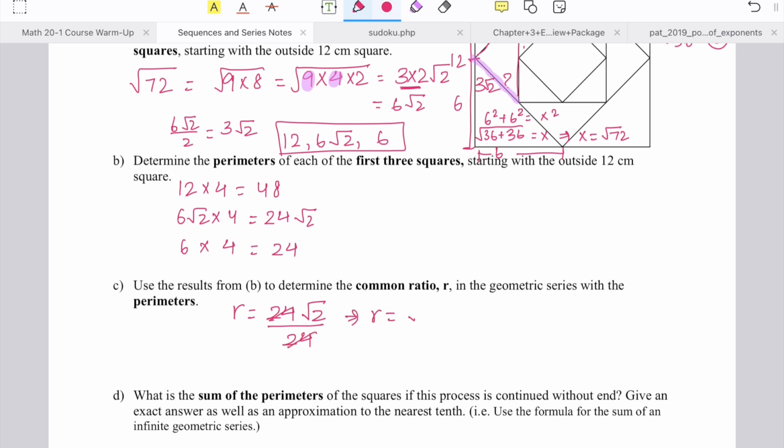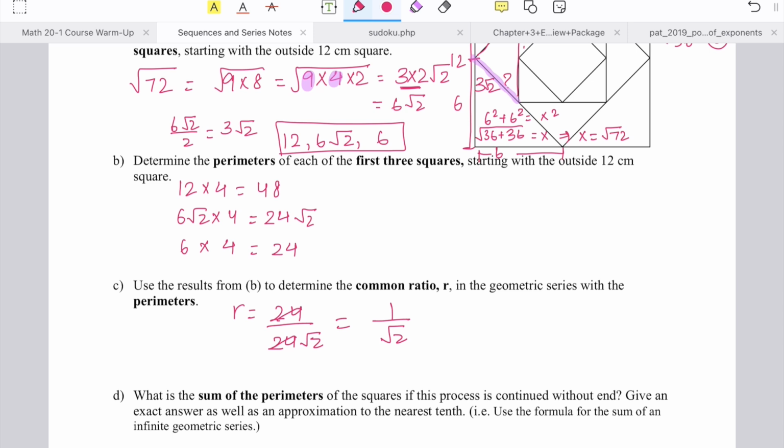Our common ratio is just root 2. Oh, I did it the opposite way. It's going to be the bigger term first, so it will be 24 divided by 24 root 2, which is 1 over root 2. You never keep your root in the denominator.